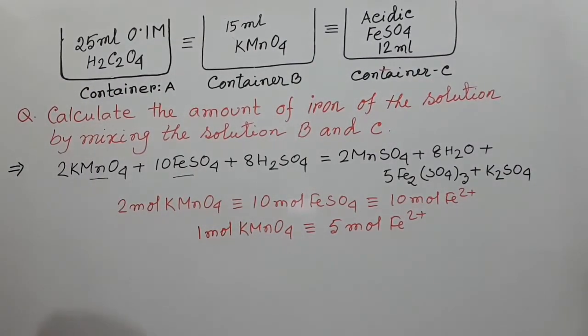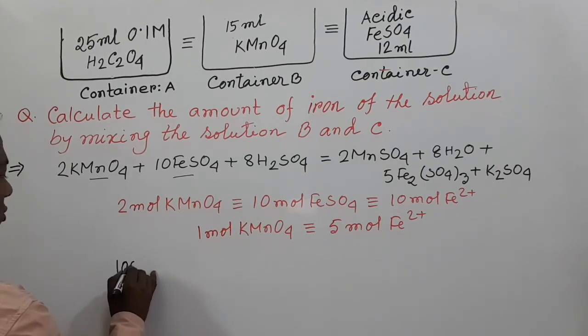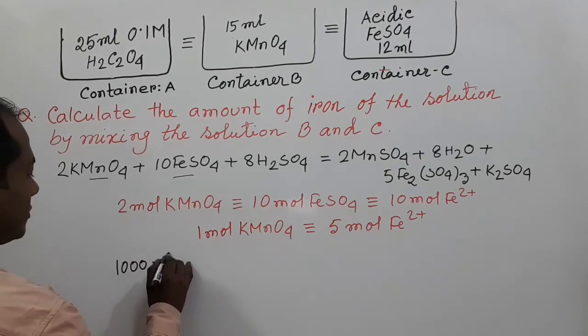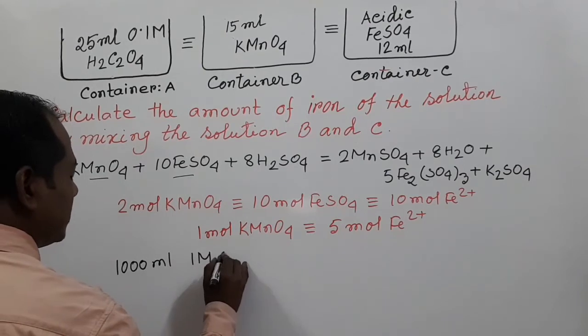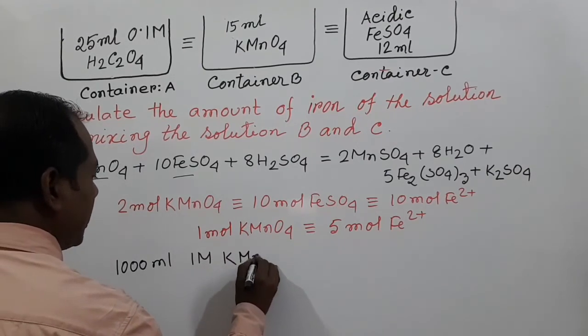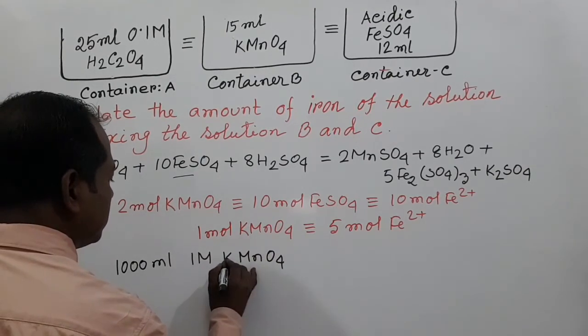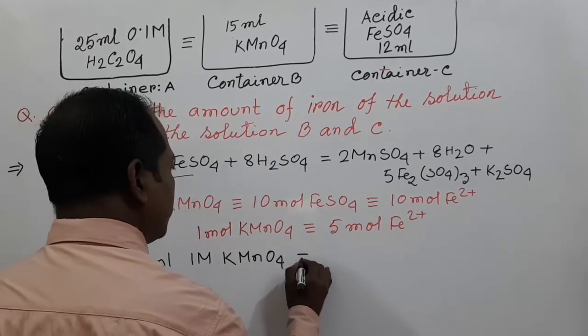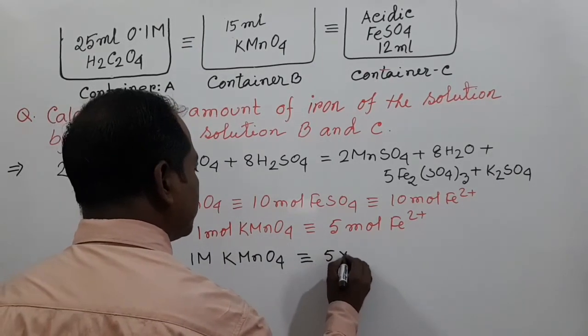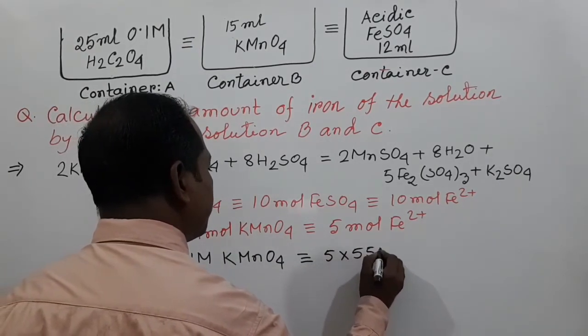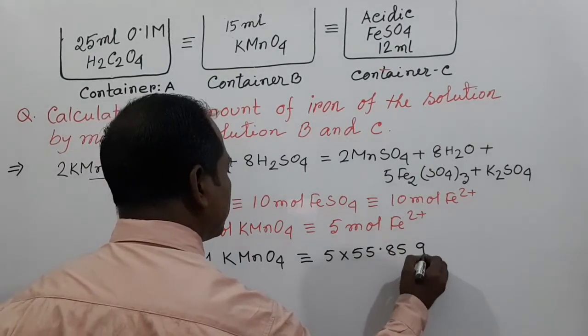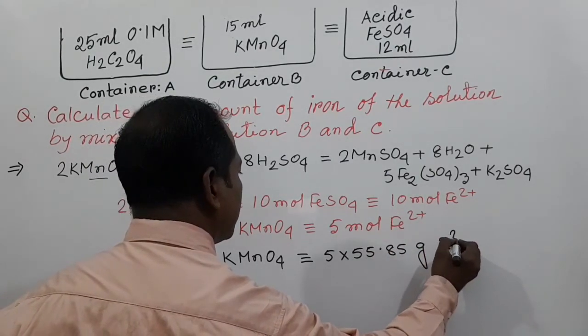So we can write 1000 ml 1 molar KMnO4 is equivalent to 5 into 55.85 gram Fe2+.